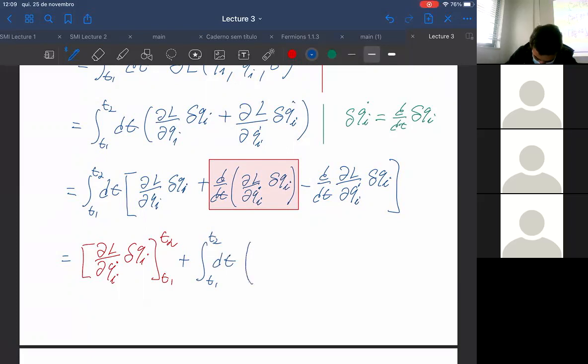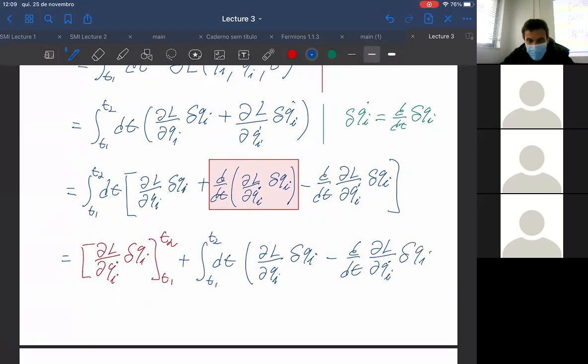and now we have dL/dqi δqi minus d/dt of dL/dq̇i δqi, and actually I can already put this δqi outside, but I will leave it for now.